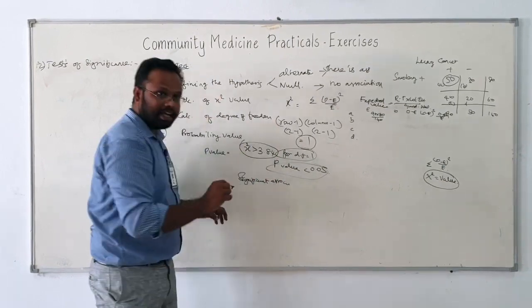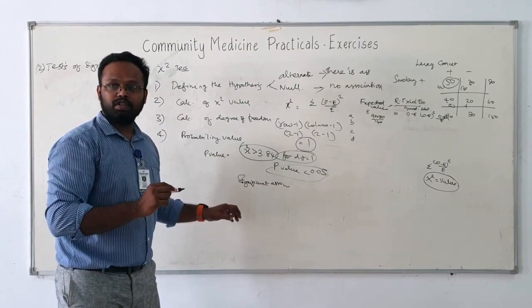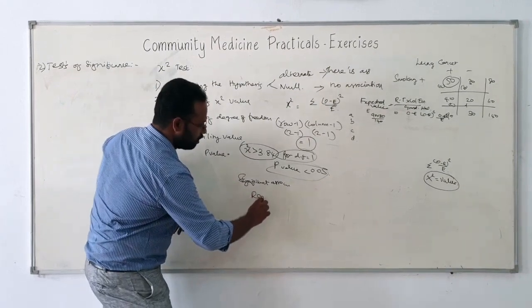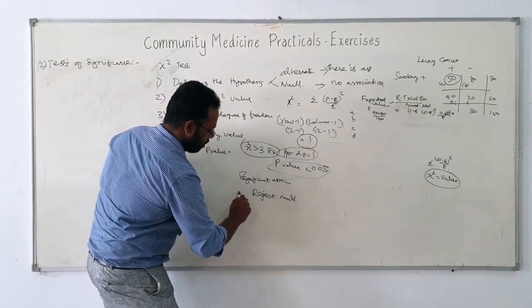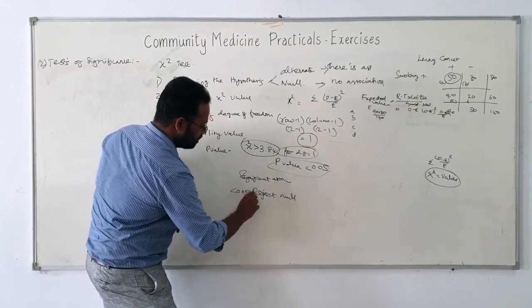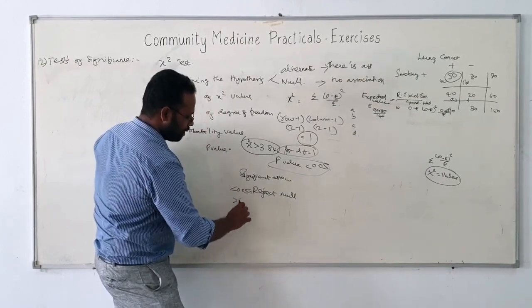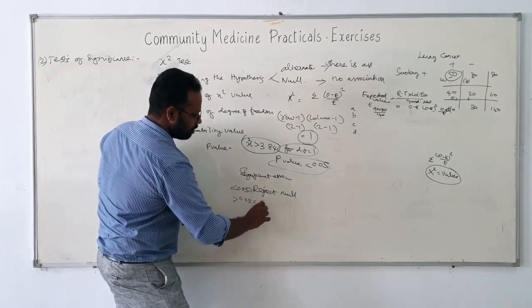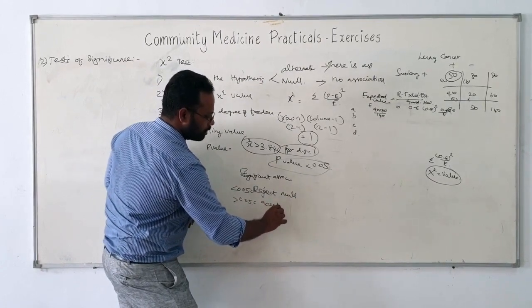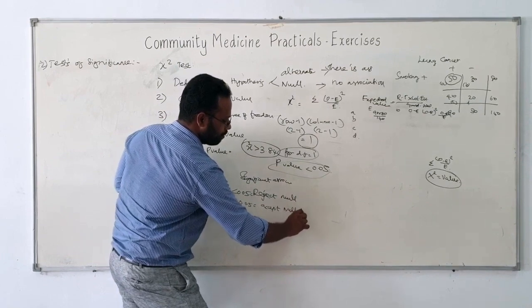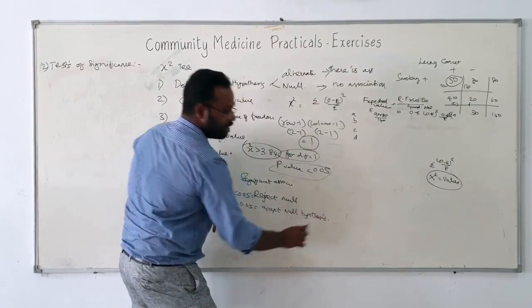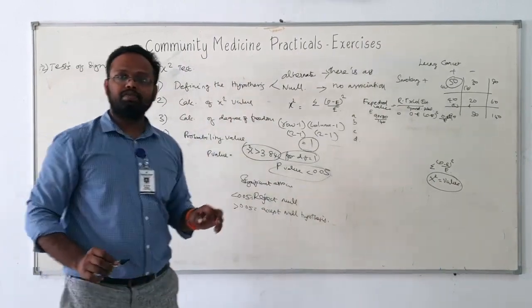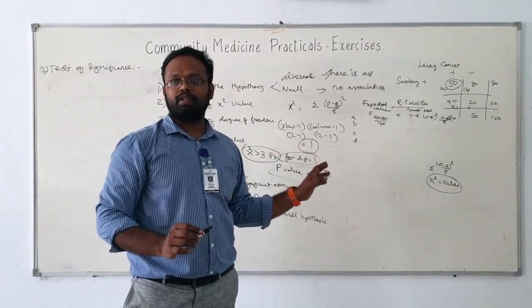So in that case, if p-value is less than 0.05, then you reject null hypothesis. If greater than 0.05, then accept null hypothesis. So this is the first test of significance we use, that is the chi-square test.